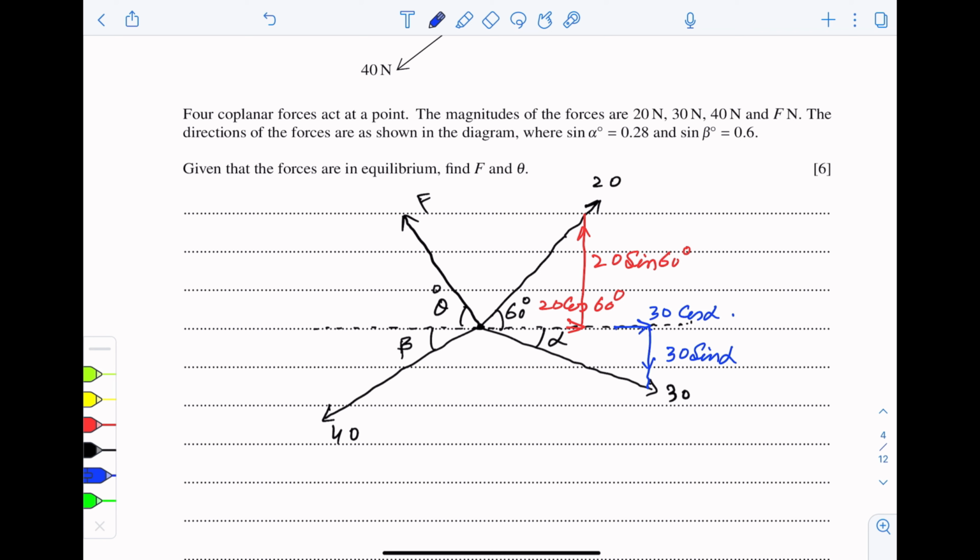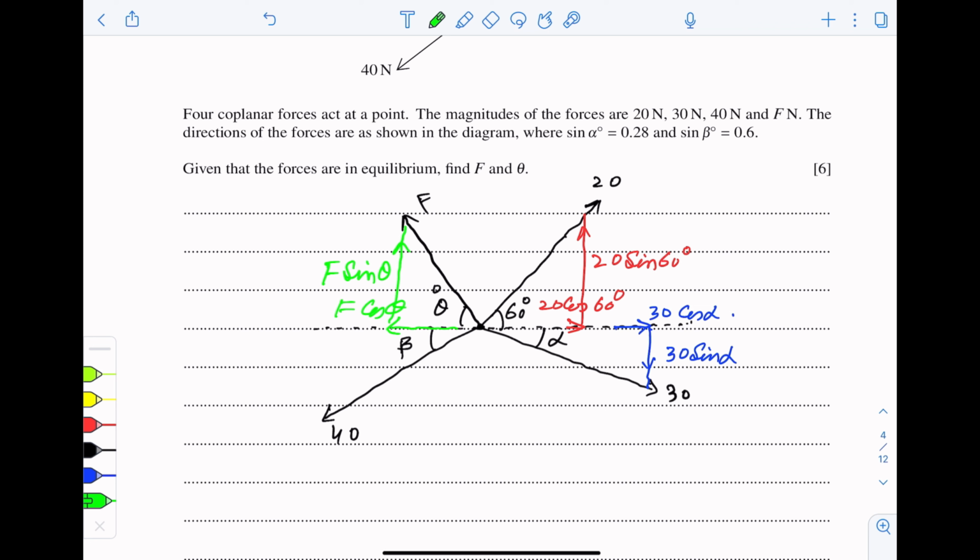Now we resolve the F Newton force. This component is along X direction. This component is along Y direction. So this will be F sin theta. This component is F cos theta.